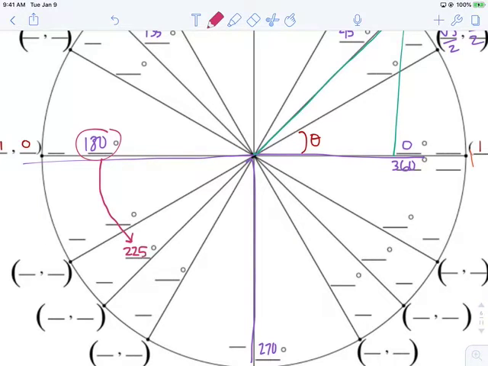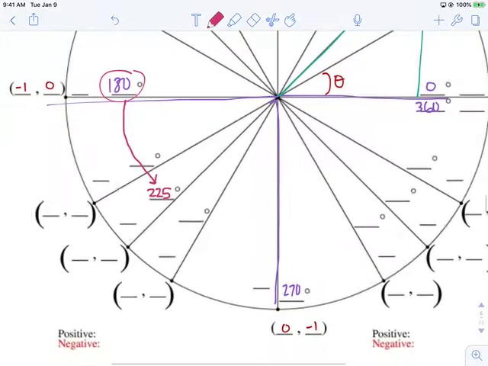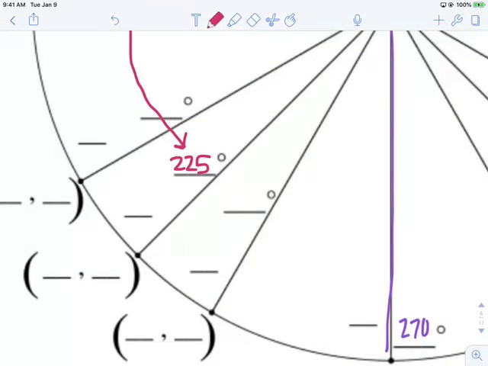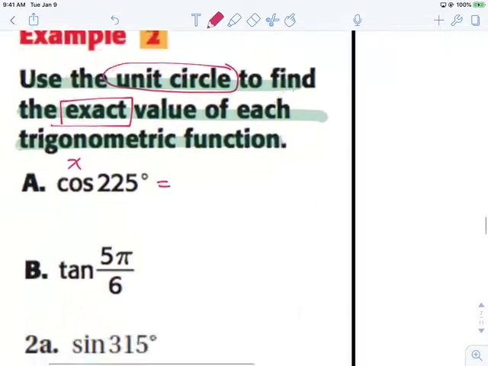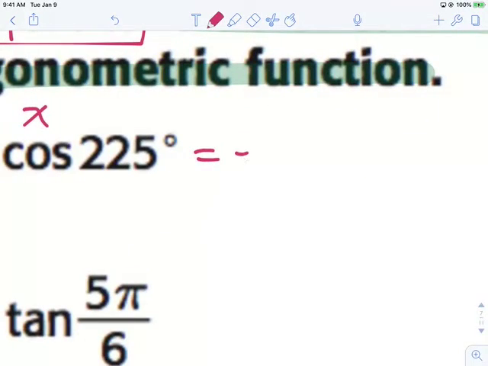So here's 225 degrees, and I know from memory that here the x value is negative square root of 2 over 2, and also the y value is negative square root of 2 over 2. The only one I care about, though, since I said cosine, is the x value, since the x value is cosine. So negative square root of 2 over 2 is my answer.